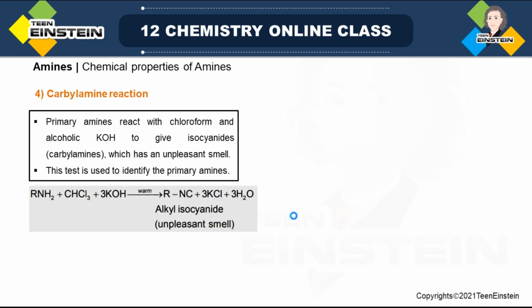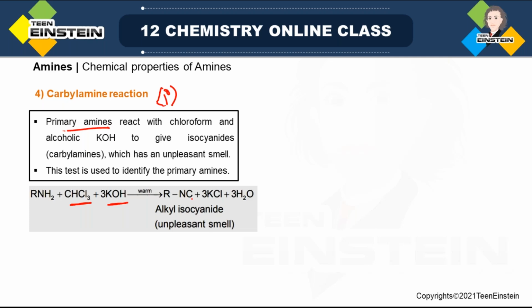Number 4 reaction, carbylamine reaction. Now this reaction is only for primary amine. The previous reactions you have seen, we have used all the amines, but this reaction is only for 1 degree amine. In this case, we use primary amine, then chloroform and alcoholic KOH, not aqueous KOH, alcoholic.